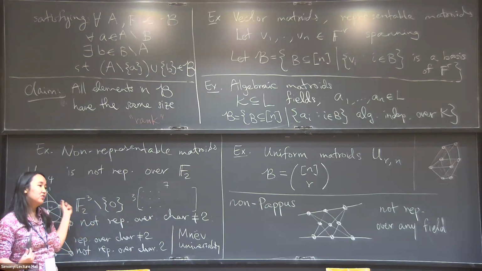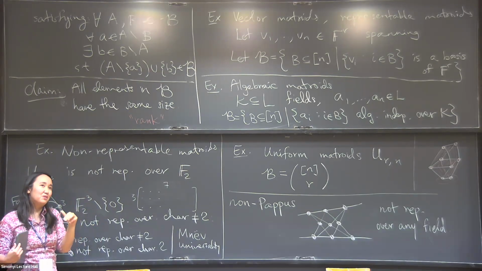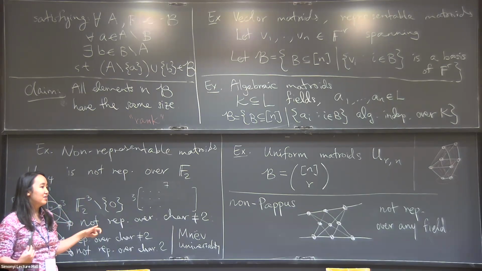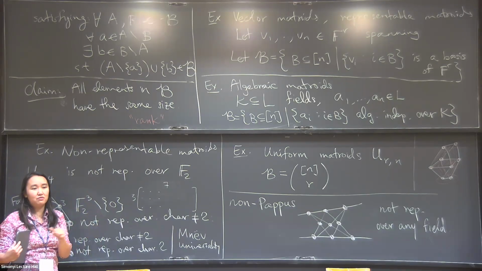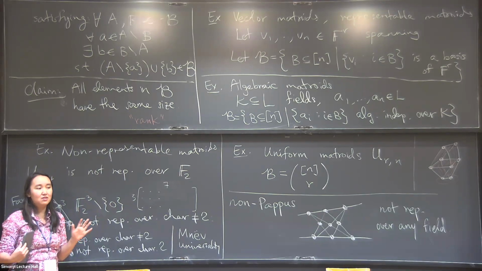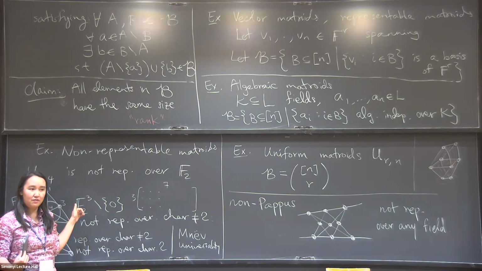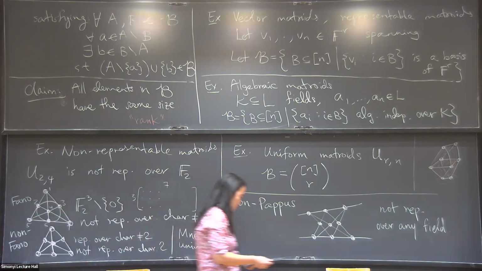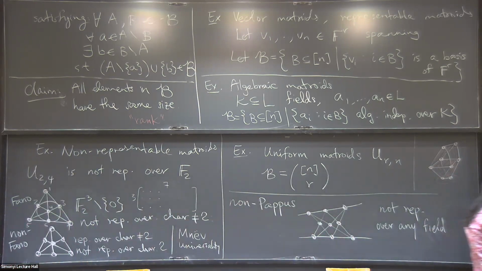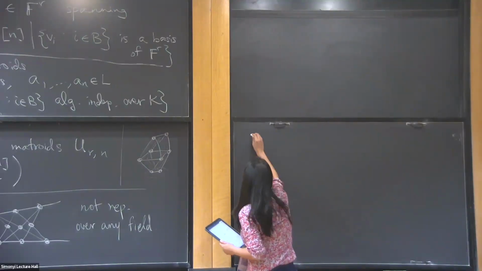So that means we also don't know whether it is decidable whether a given matroid is representable over rational numbers. So there is a huge amount of difficult problems in representability. We're going to move on to easier things. Let's go to graphic matroids.